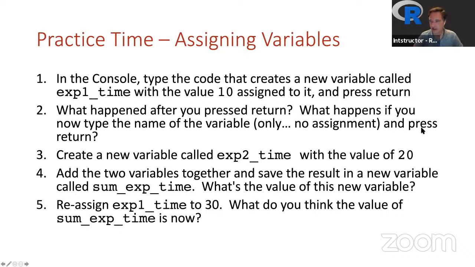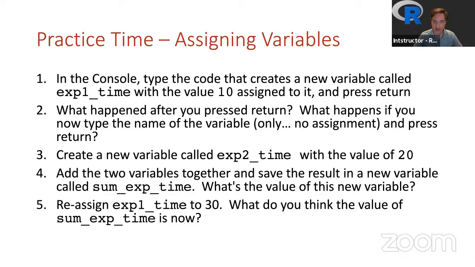Okay, there was a question from Christopher about the difference between this assignment operator, which is the thing that looks like the arrow, and the equal sign. You can use the equal sign to do variable assignment as well. Certainly valid to do it. You can execute the code and everything will work as expected.